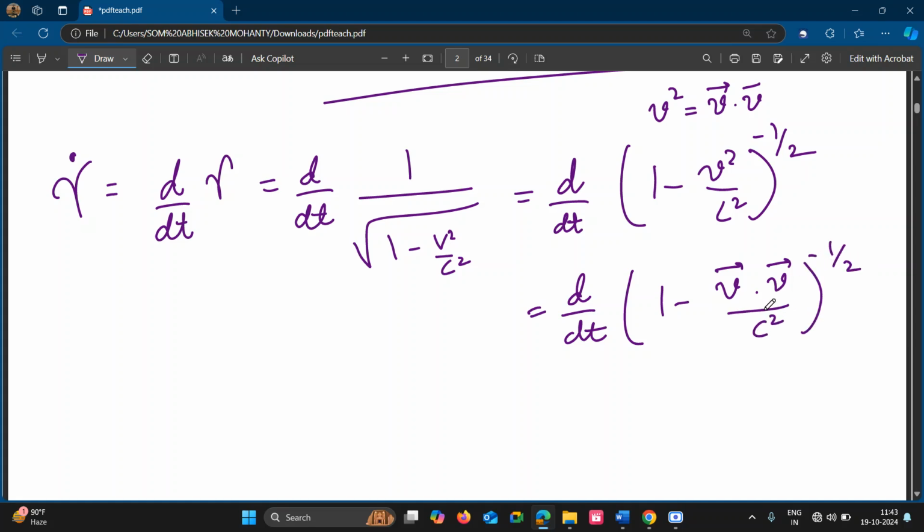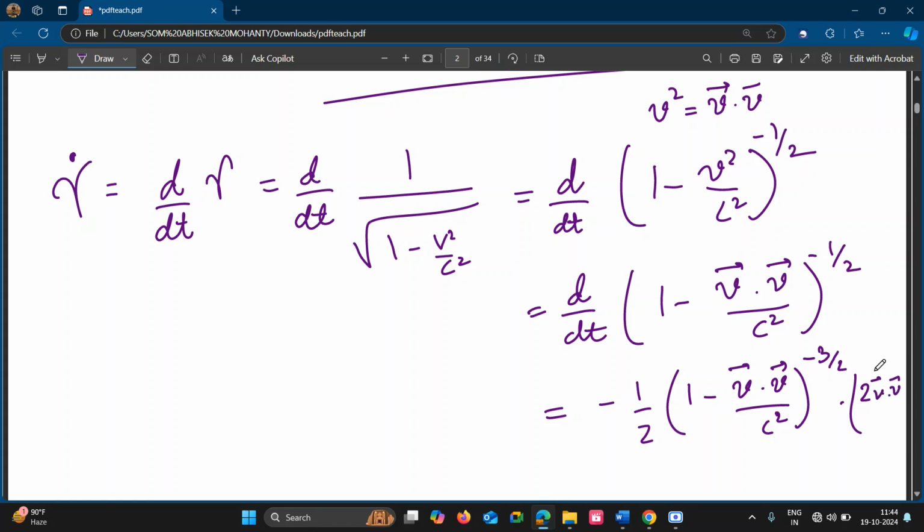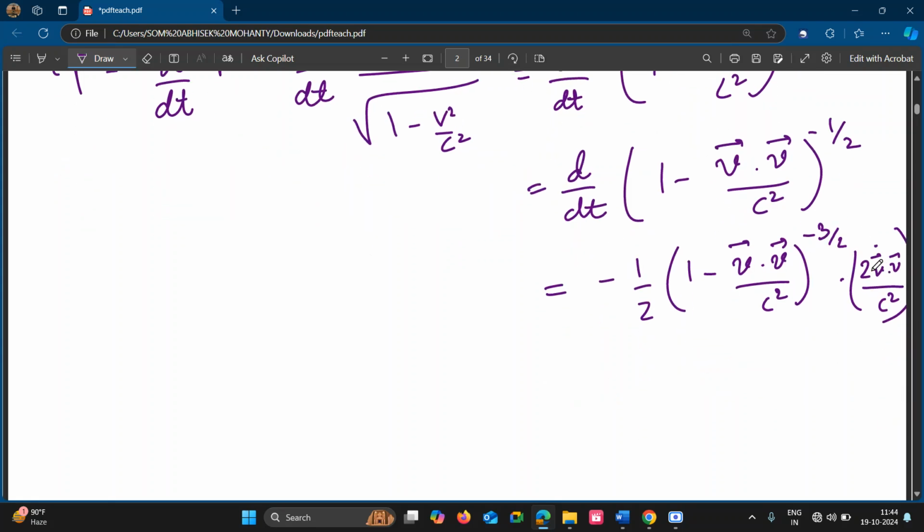Alright. So let's do the derivative. If we do the derivative, so minus half, 1 minus v dot v by c square to the power minus 3 by 2, into this derivative. Derivative of this one will be 2 v dot v dot divided by c square. I hope you understood. And there is another minus here.